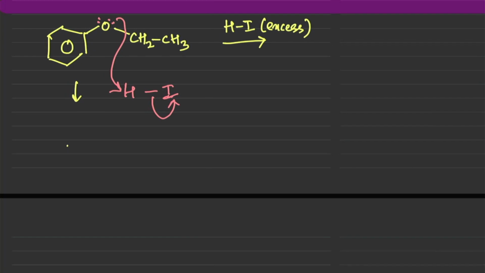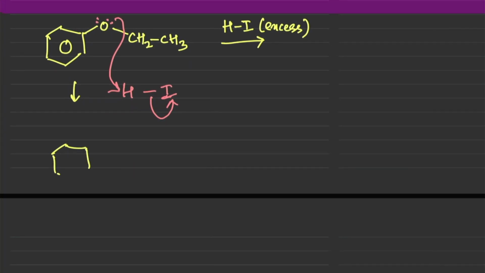So I will write it out. If I draw the benzene ring with all the double bonds, it could be this or it could be that, since the double bonds are delocalized.